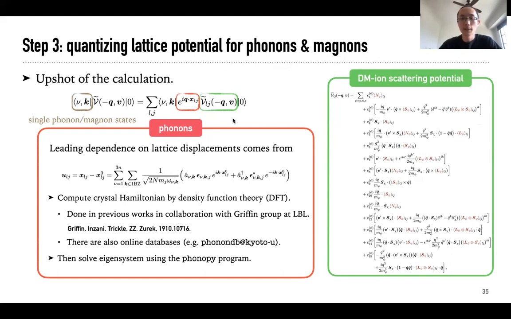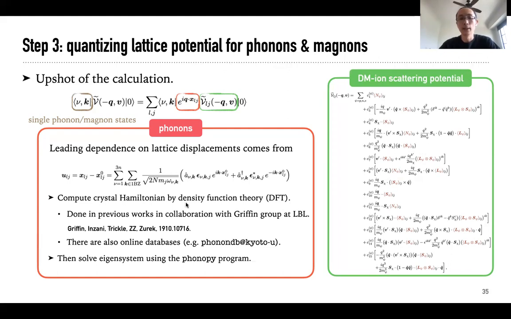But of course, the non-trivial part of the calculation is to find the canonical phonon modes, and that involves a diagonalization calculation. That's the part where we use first principles numerical calculation. This is done with density functional theory, which is a set of well-established tools for material science calculations.